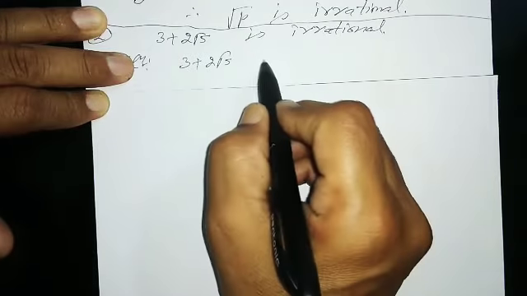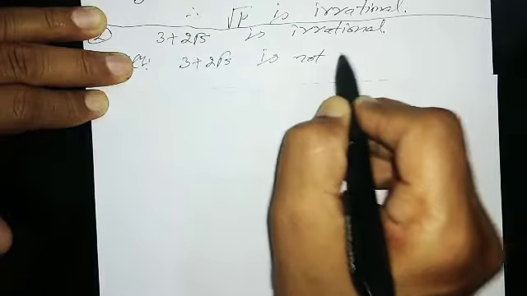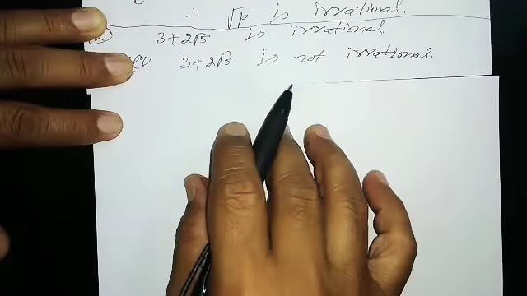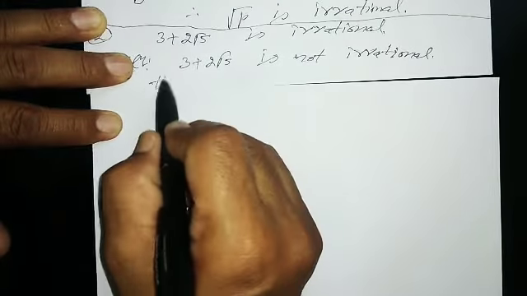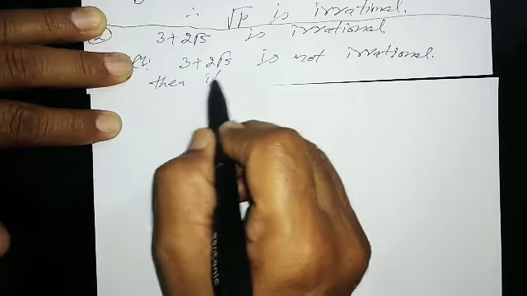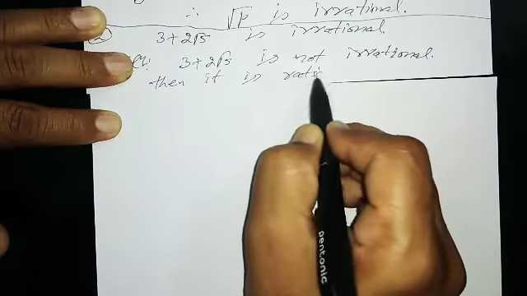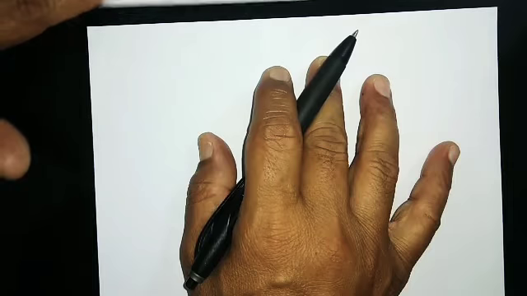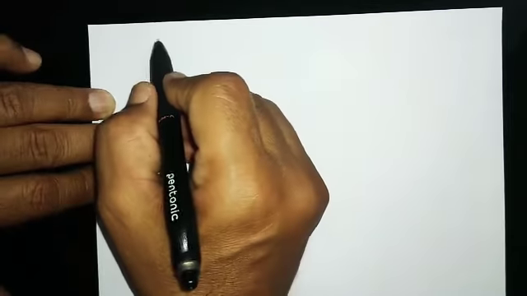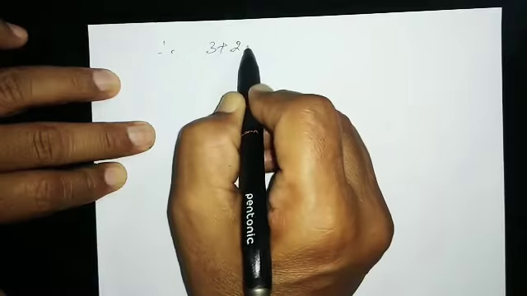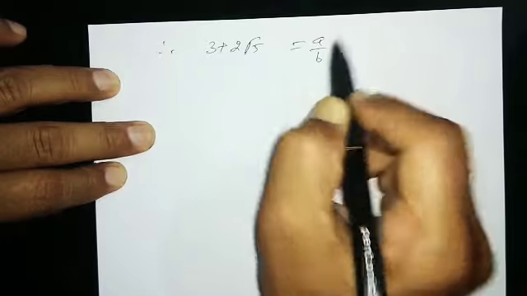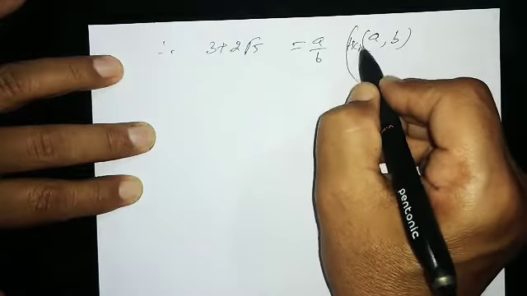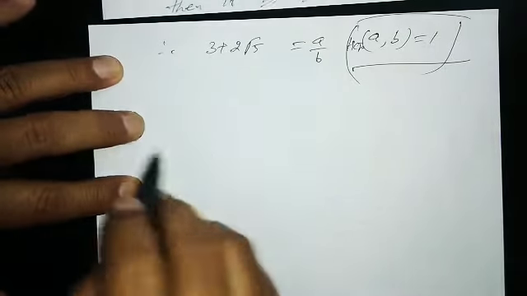Suppose 3 plus root 5 is not irrational. Okay, if it is not irrational, then we can say that it is rational. And by the definition of rationality, this number can be written as a by b, and a and b have nothing common other than 1.